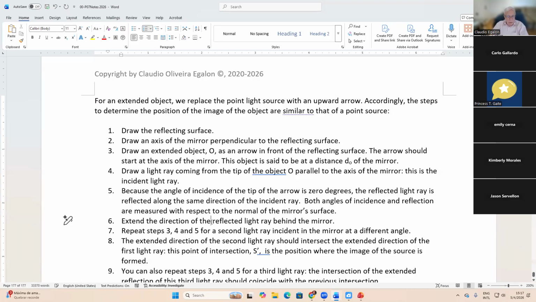Extend the direction of the first reflected light ray behind the mirror.